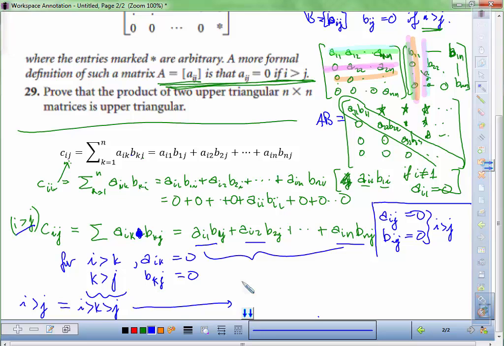But we're running the k through, right? In some cases k is bigger than i, so for those cases where k is bigger than i, it would be bigger than j. So we don't necessarily have that i is greater than k is greater than j. It's just one or the other.